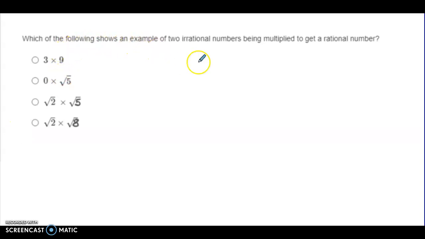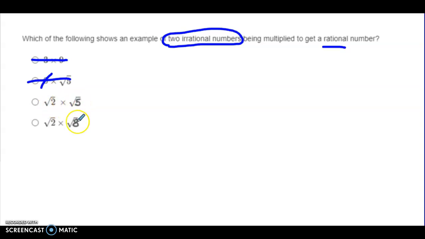Which of the following shows an example of two irrational numbers being multiplied to get a rational number? Okay, well, to start off with, 3 and 9, those aren't irrational, those are rational. So we can go ahead and mark that one out because we want to be multiplying two irrational numbers. 0 is not irrational, so I can go ahead and mark out that one. The rest of these, though, square root of 2, square root of 5, and square root of 8, those are all irrational numbers.